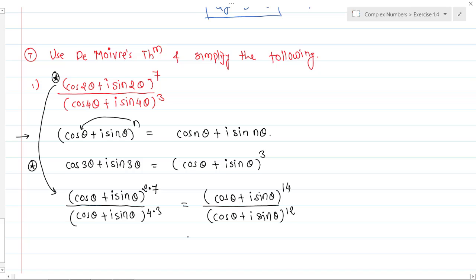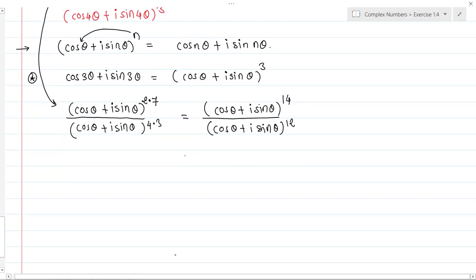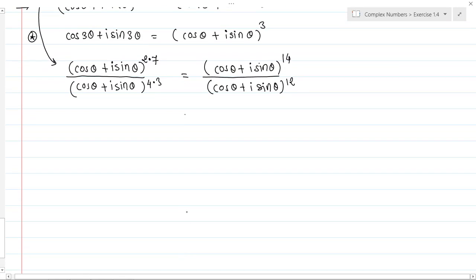Okay, now if you observe, the base is same in the numerator as well as in the denominator. Base is same, so cos theta plus I sin theta to the power 14, when the lower part goes up, what will happen? I will be having -12. Did you understand? Is it okay? So this is equals to what?